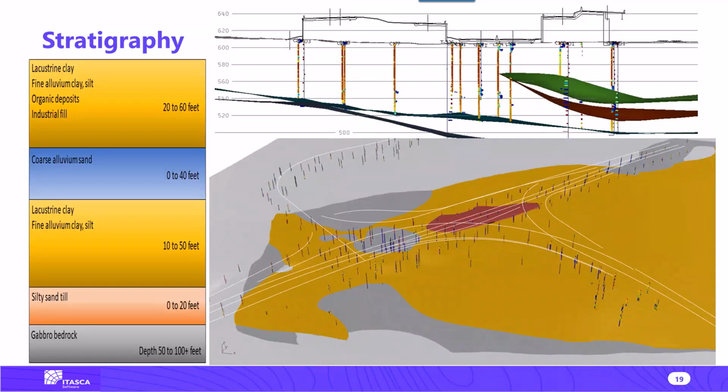As you can see, there were a lot of investigations, and we tried to put together a 3D model of the subsurface conditions because there were, for example, sand and stiff layers that would not have allowed the columns to go through them. So knowing these details in terms of subsurface condition was essential in order also to come up with a reasonable estimate of the quantity and therefore cost.